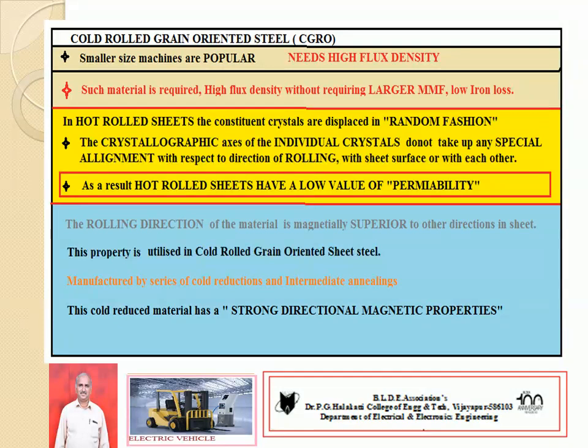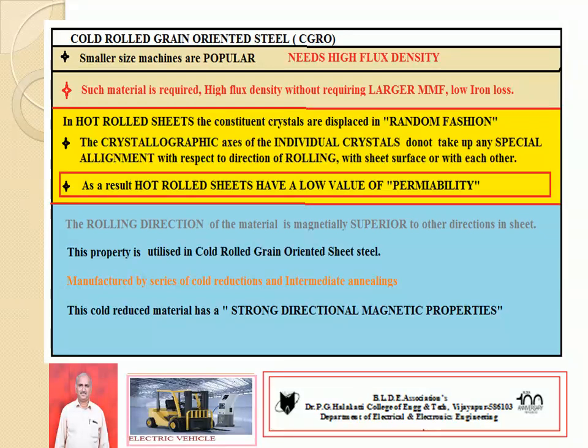But it is also observed that the rolling direction of the material is magnetically superior in the direction of the sheet. In the sheet structure, in the direction of rolling, the magnetic properties are better. This property is utilized in cold rolled grain oriented sheet steel, the CRGO sheet steel.